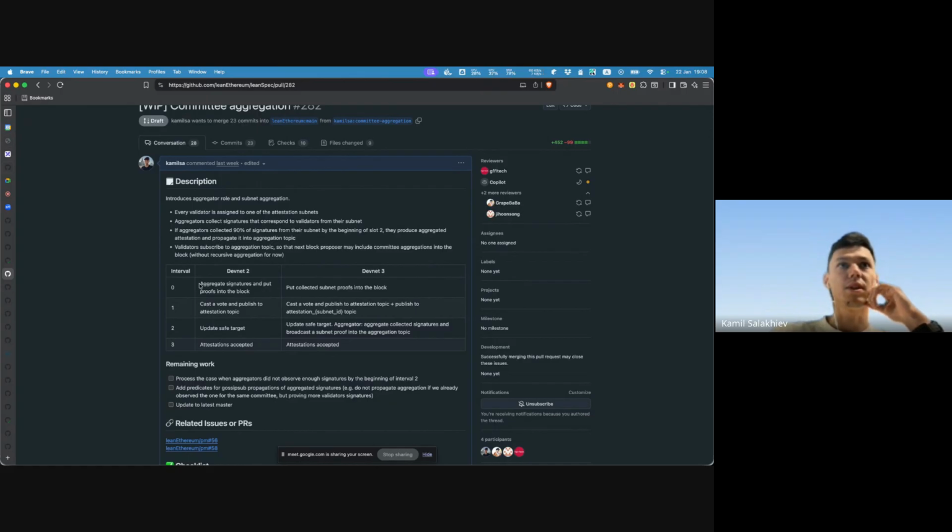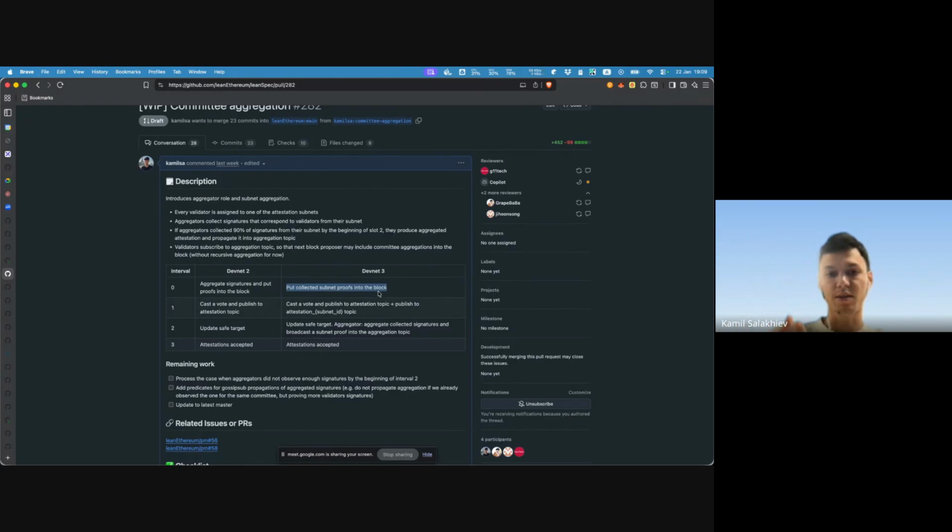What we have now in Devnet2 is that the block proposer collects and aggregates all the signatures it collected into a proof or multiple proofs and puts them into the block. The change we want to make in Devnet3 is that someone else has already created the proofs.